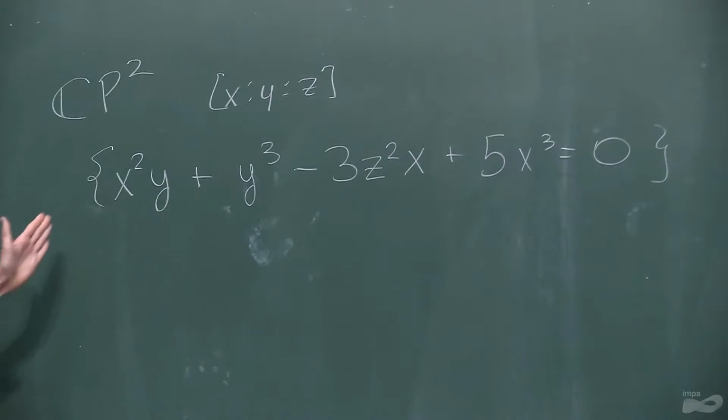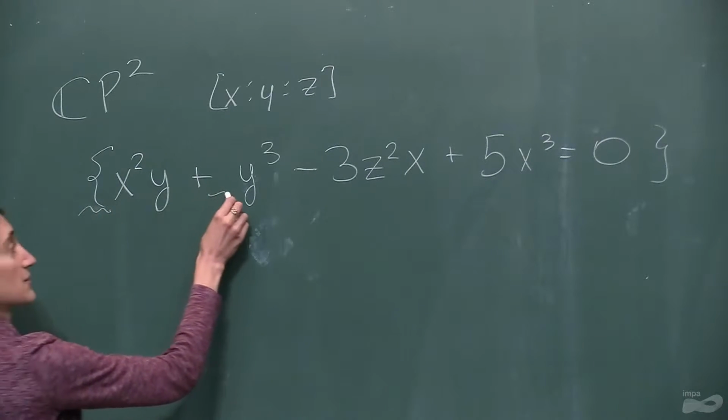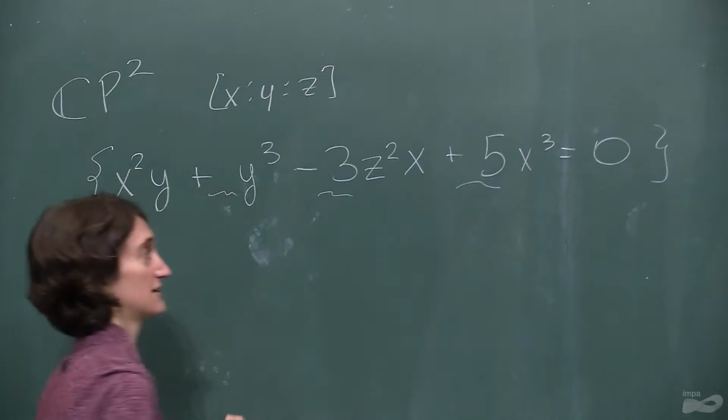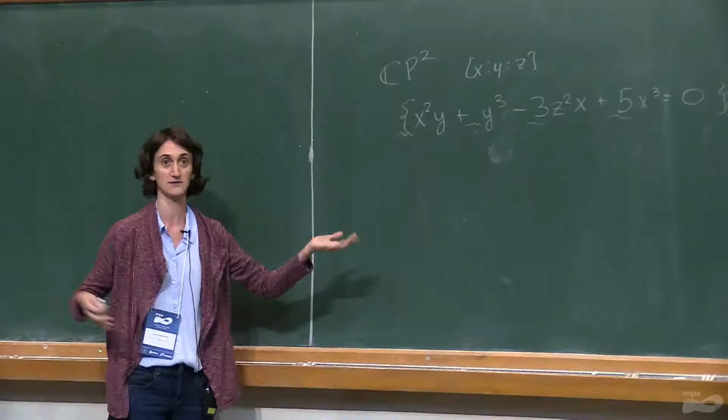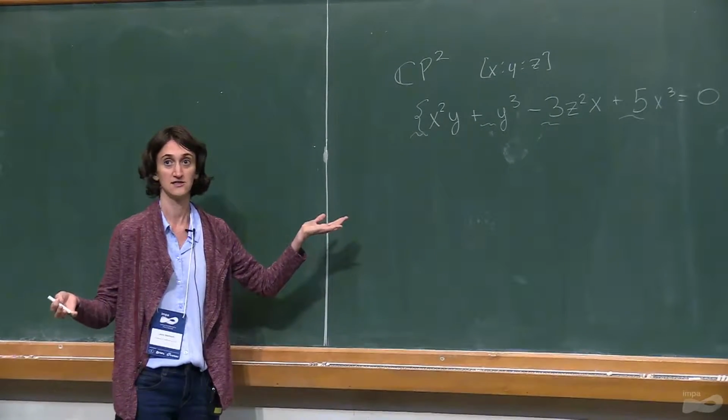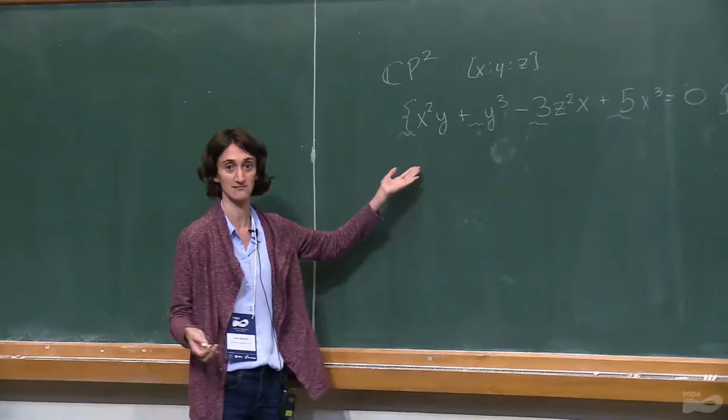If I vary the coefficients in front of my different degree 3 monomials, there's also some zeros in here, then I get different curves, and I can see what the family of all degree d curves looks like, in this case degree 3 curves.